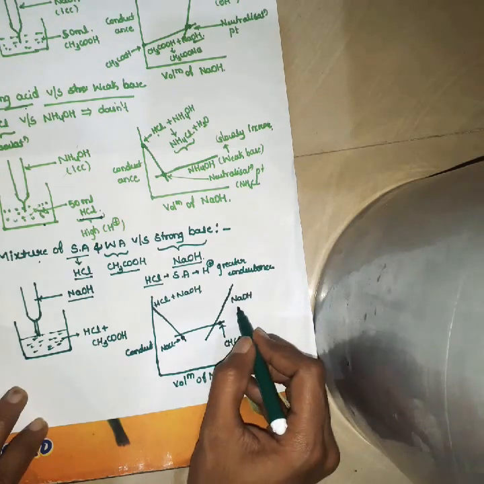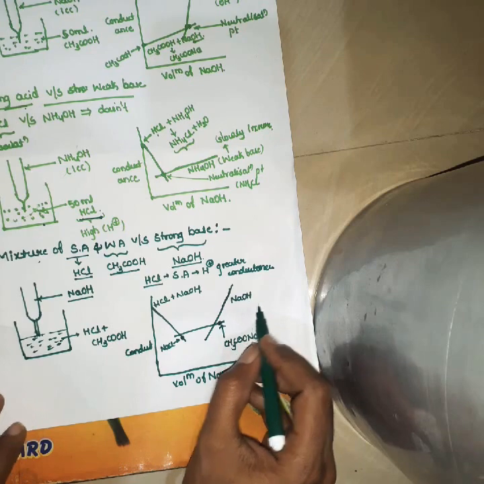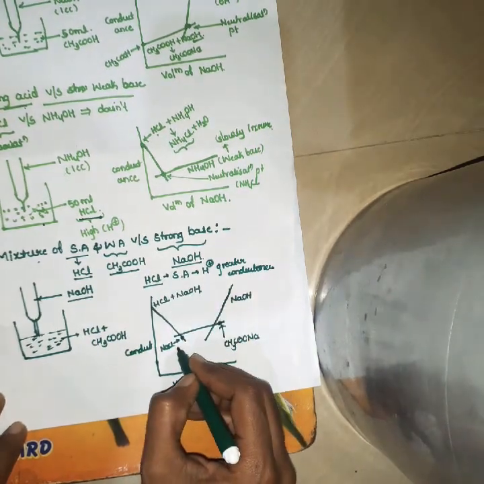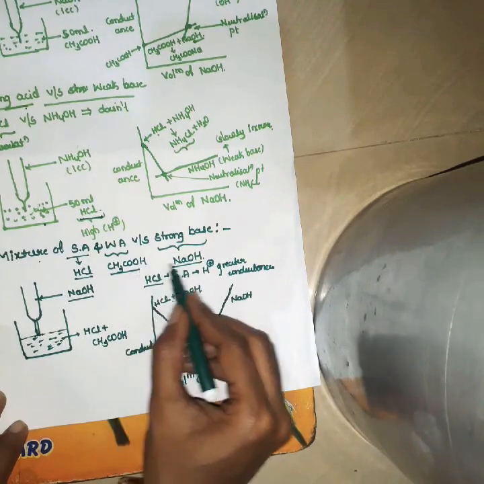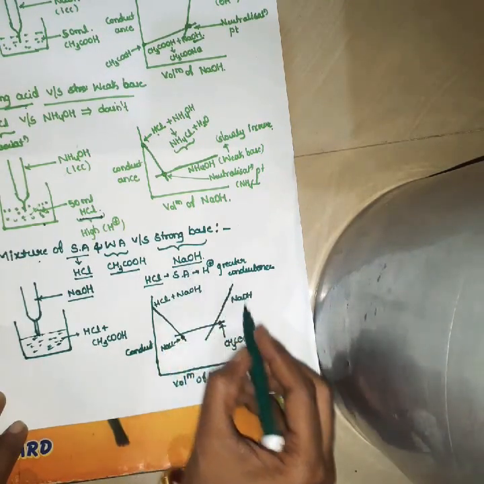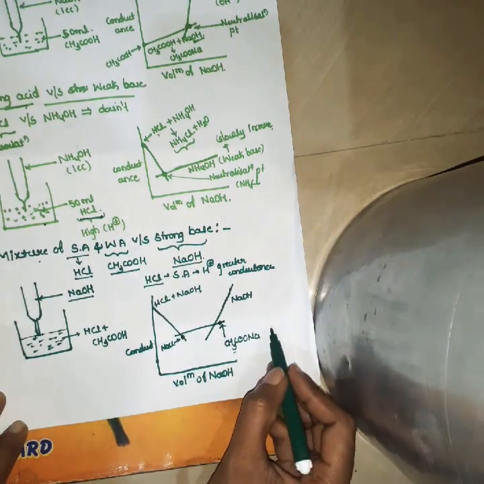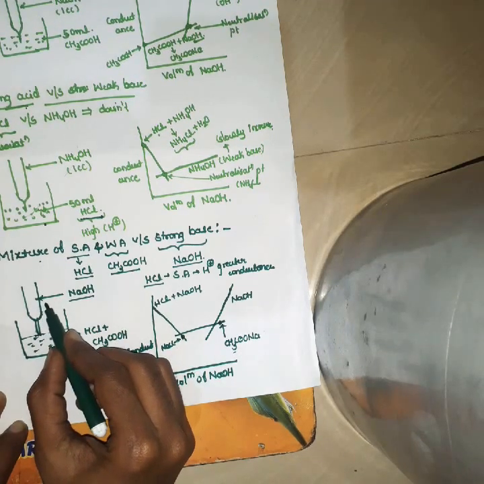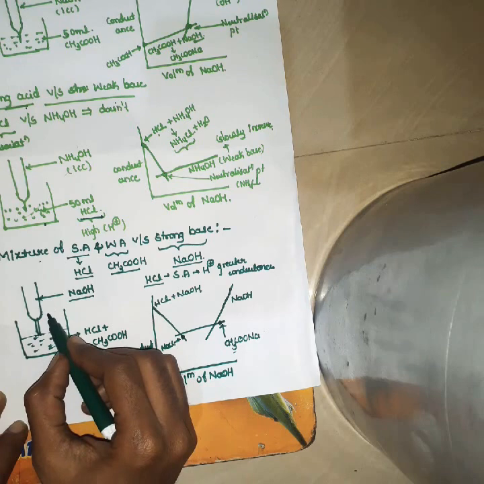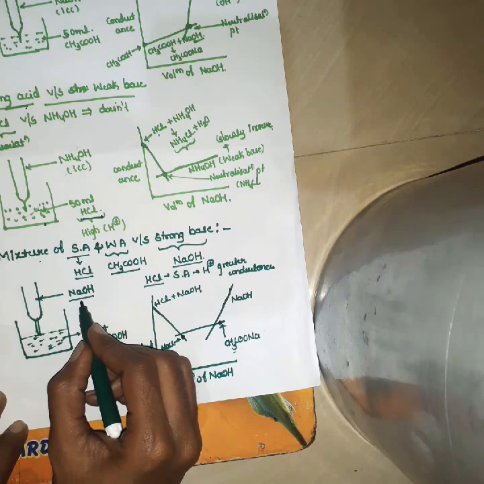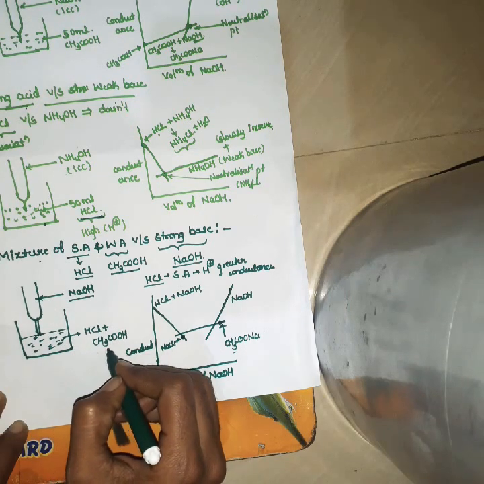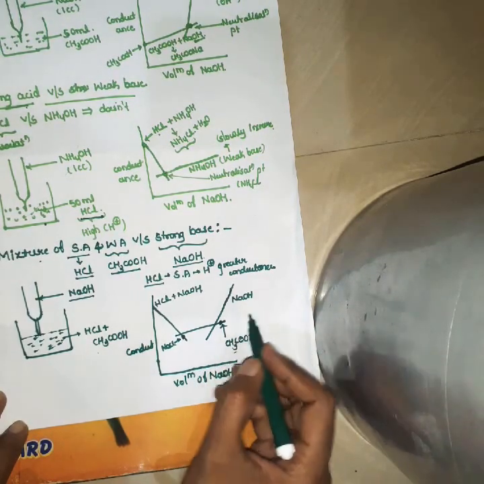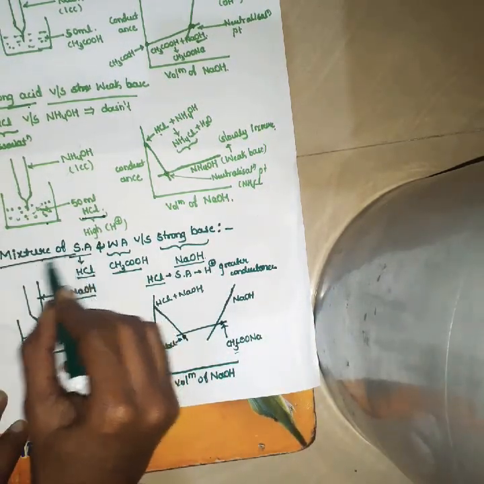Further adding NaOH to this mixture, all HCl has reacted with NaOH to form NaCl, and all acetic acid has reacted to form sodium acetate, but NaOH remains in the burette. As NaOH is added from the burette to this mixture, there is an increase in conductance. This is the fourth type of titration.